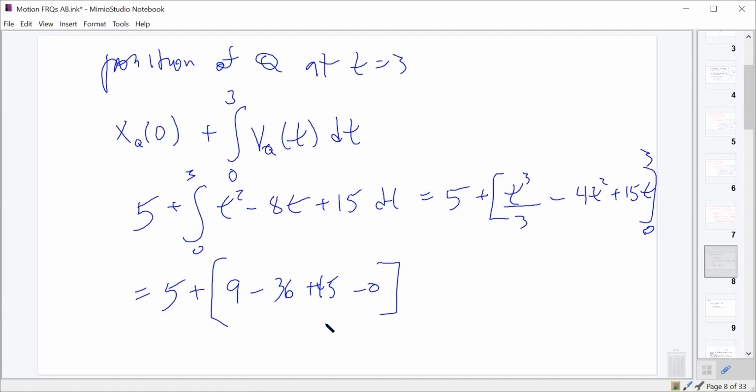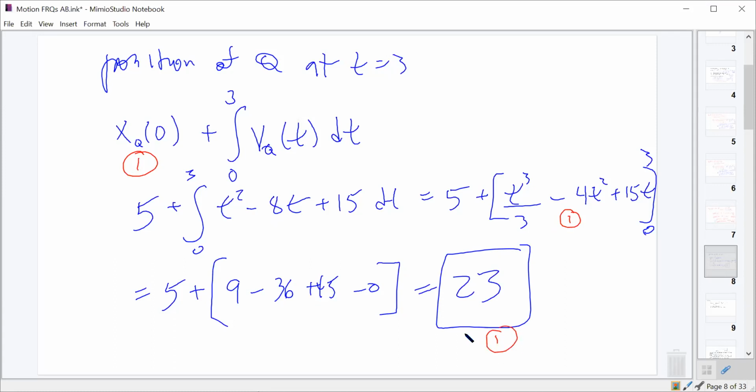Let's see, 9 minus 36 is negative 27, plus 45 is 18, plus 5 is 23. And that was worth 3 points: 1 for having the correct antiderivative, 1 for using the initial condition, and 1 for the final answer.